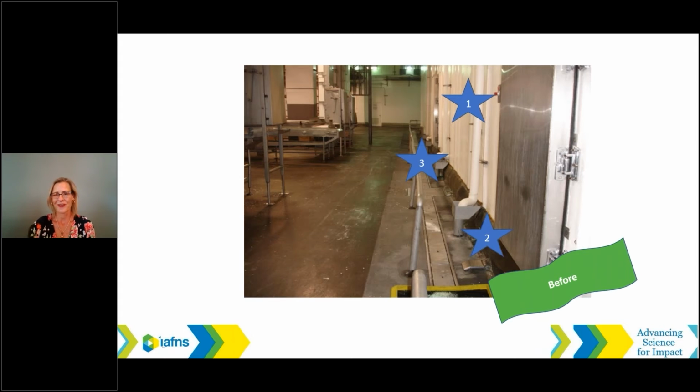So the old freezer, they had a spiral freezer, and again, it was a significant piece of equipment in their production facility. The old freezer had a number of components that were problematic. One is that it was very old. The walls were fiberglass, but there was an insulation in between the inside wall and the outside wall.